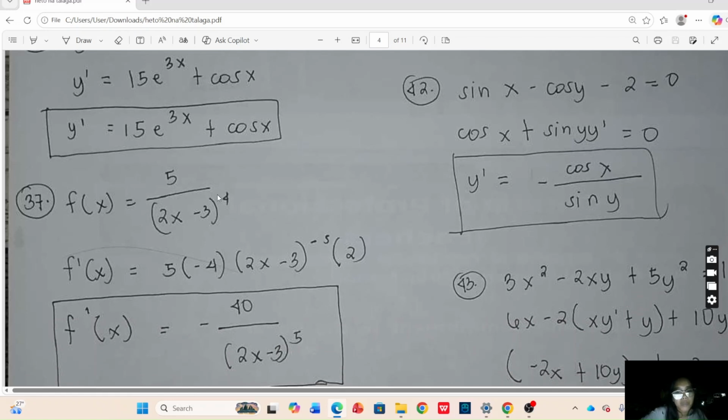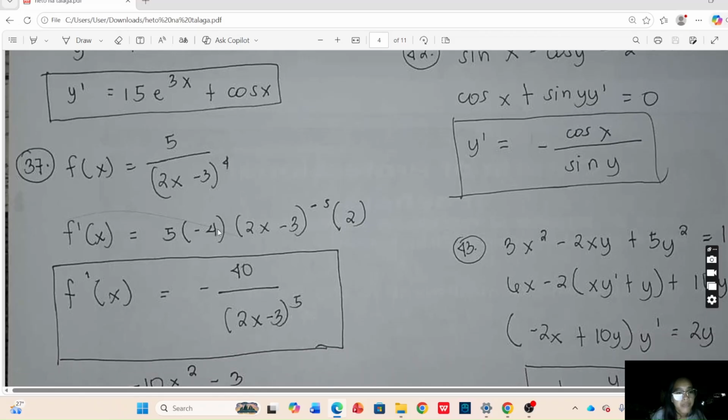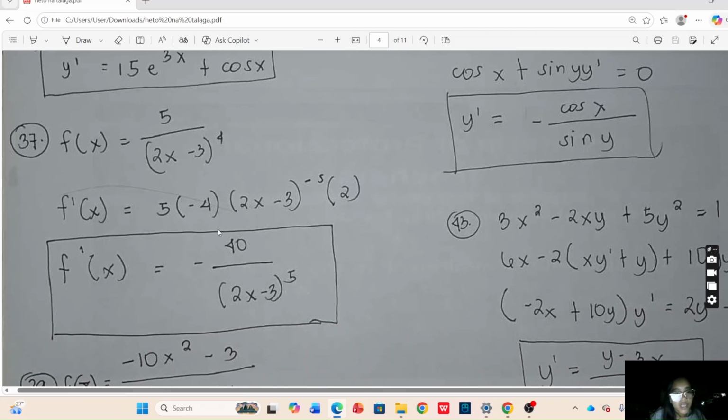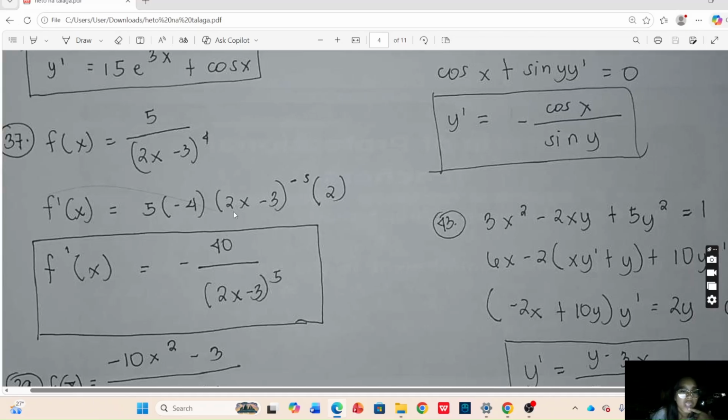Now let's go down to number 37. So we have the function f of x is equal to 5 divided by the quantity of 2x minus 3 raised to the fourth power. In problem 37, we have to rewrite the function into exponential form. After rewriting it into exponential form, we can use the chain rule.